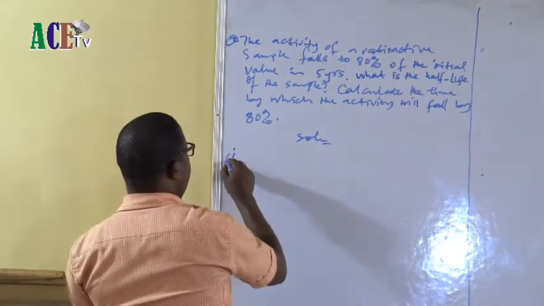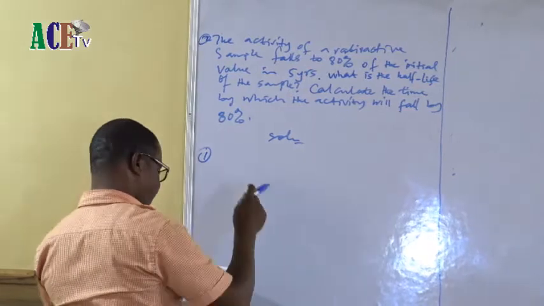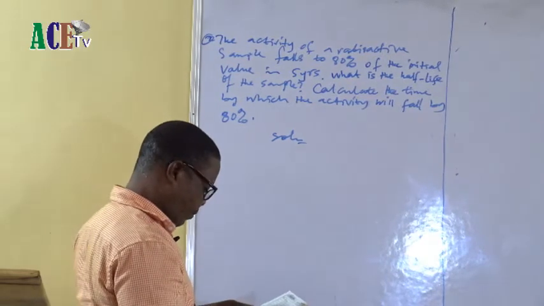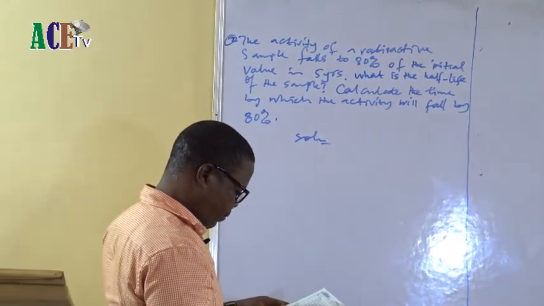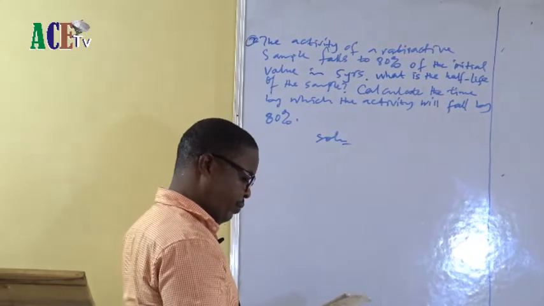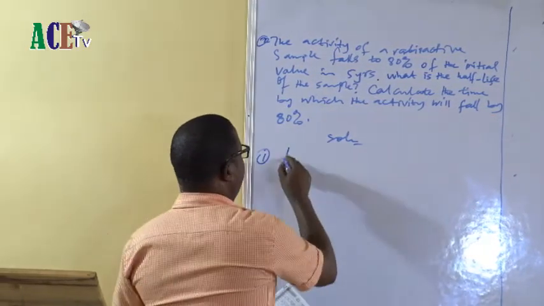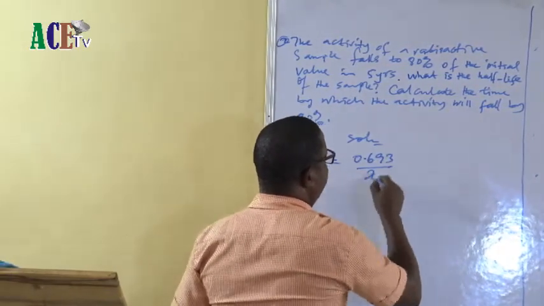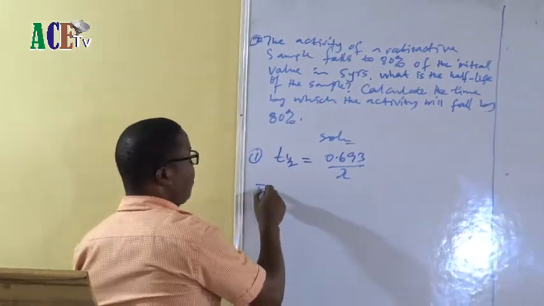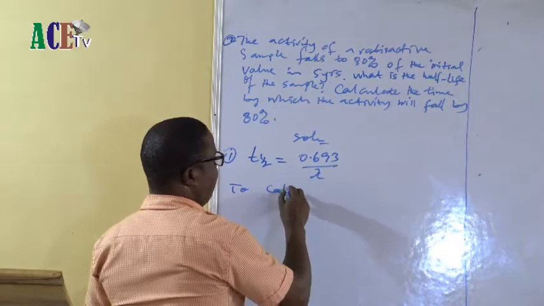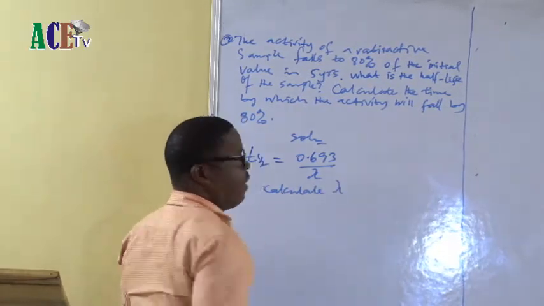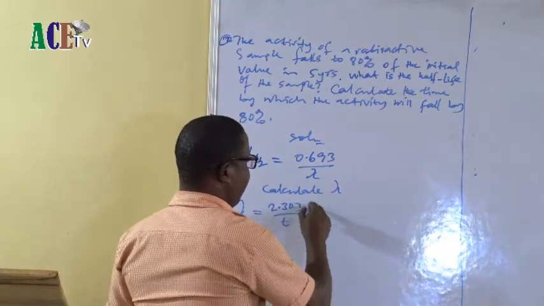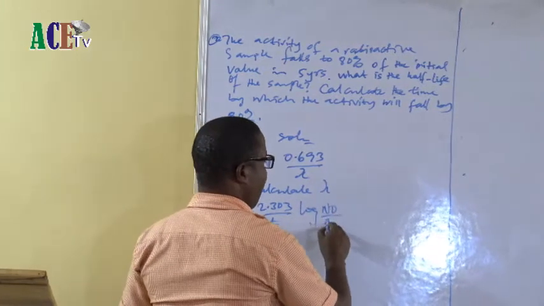So question 1 there, half-life. T half is equal to 0.693 all over lambda. But we don't know lambda. So to calculate lambda, our lambda is equal to 2.303 all over T logarithm of N naught all over Nt.